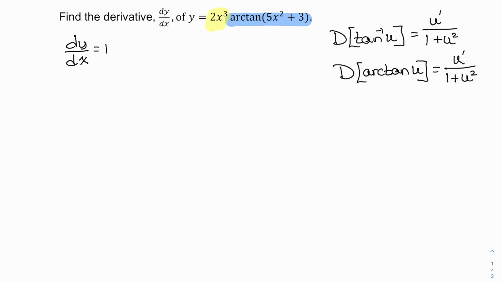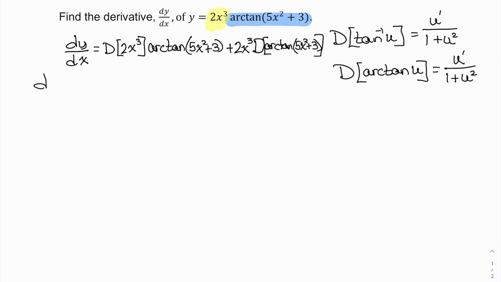So we have dy dx. Well, that's going to be the derivative of the first factor, 2x cubed, times the second factor, arctan of 5x squared plus 3, and then plus the first factor, 2x cubed, times the derivative of the second factor, arctan of 5x squared plus 3.